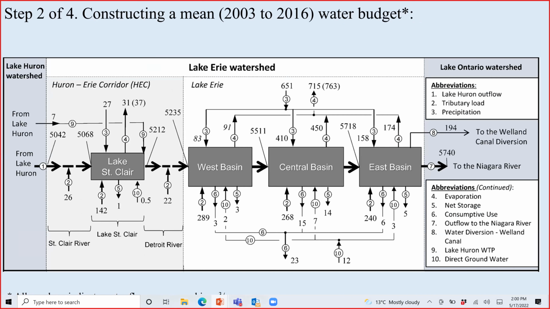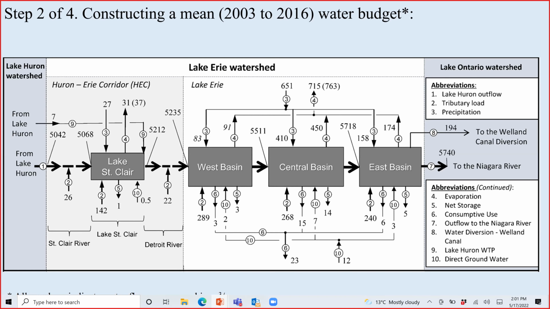As a next step, using the previous diagram of delineated sub-watersheds, we constructed the mean water budget by estimating all water fluxes through the system from all those sub-watersheds.